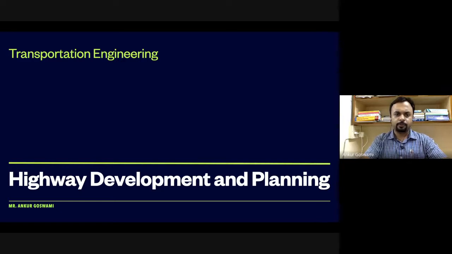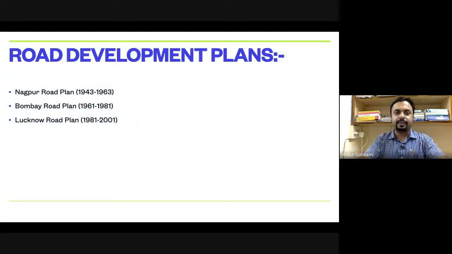The three prominent highway development plans in our country are the Nagpur Road Plan, the Bombay Road Plan, and the Lucknow Road Plan. These are very prominent and important road plans that we, as highway engineers, study.